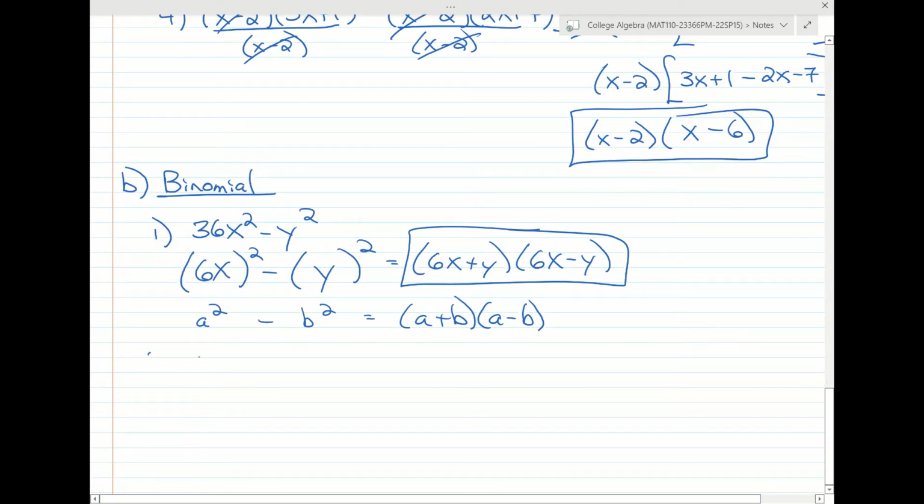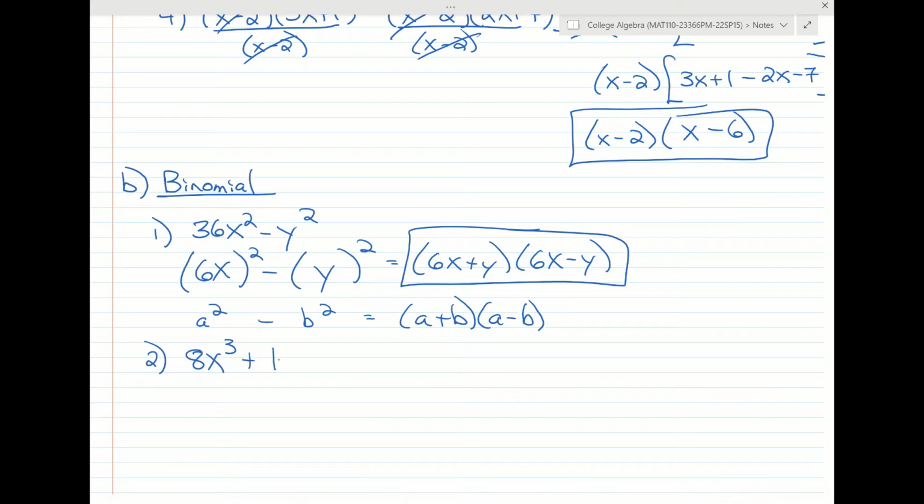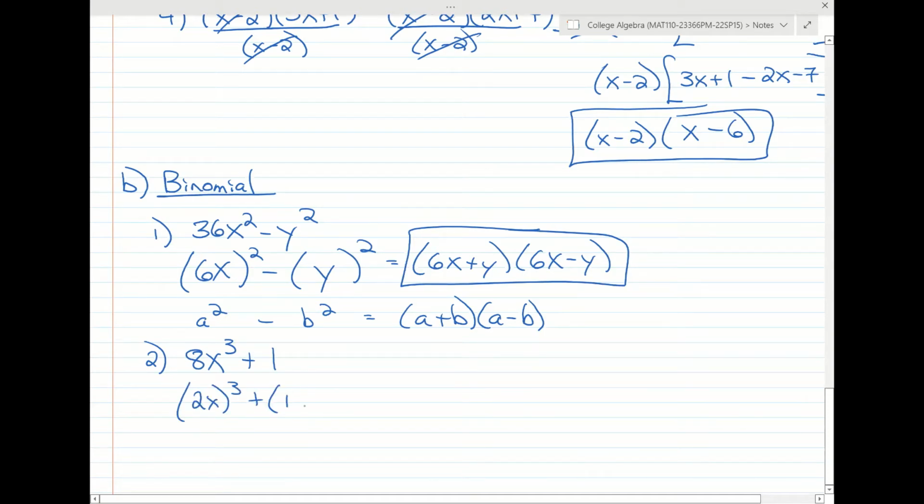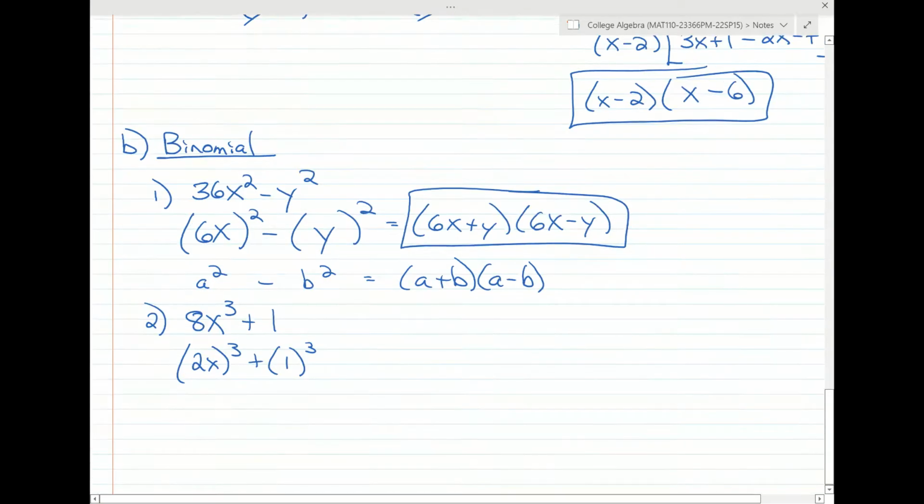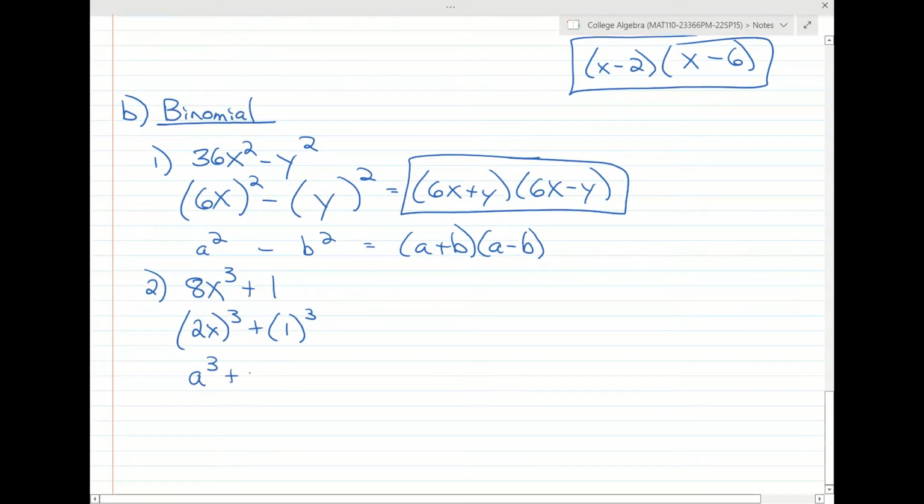What about if we had 8x to the third plus 1? So this is the same thing as 2x to the third plus 1 to the third. And the formula for a cubed plus b cubed would be a, same sign, b, times a squared, opposite sign, ab, always positive, b squared, like that.